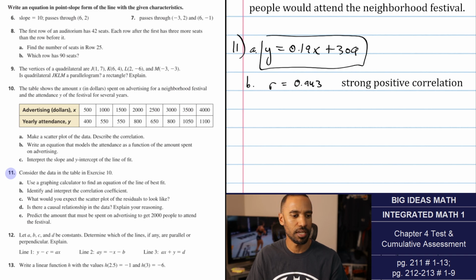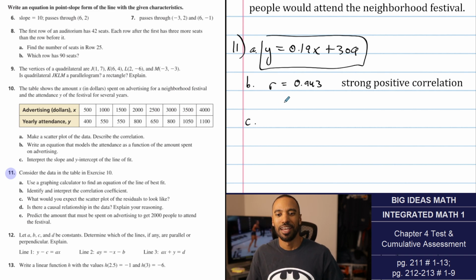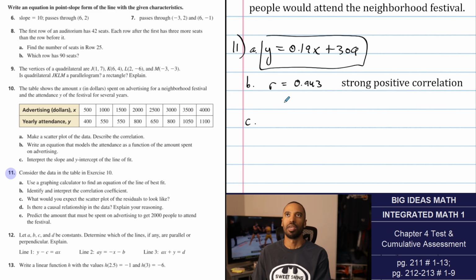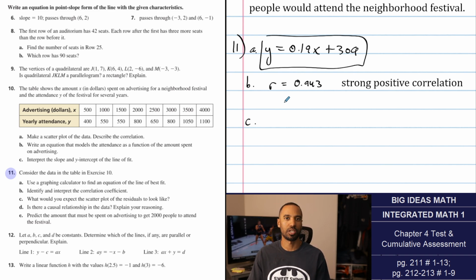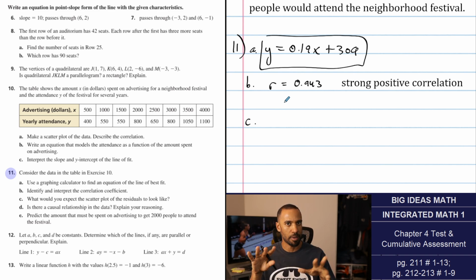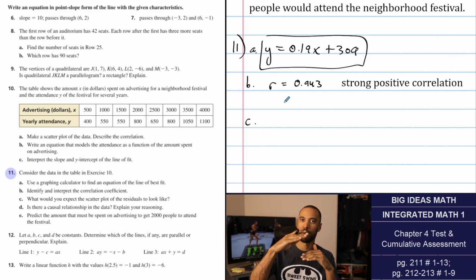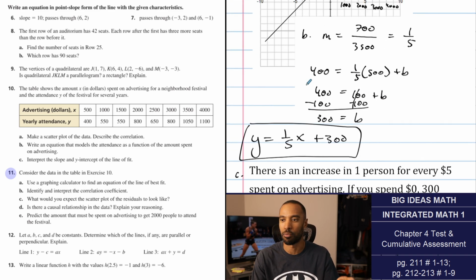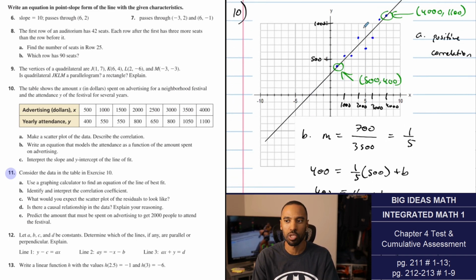All right, part C. What would you expect the scatter plot of the residuals to look like? Scattered. Basically, if there's a strong positive correlation, first of all, there's no significant pattern in the set. It'll just literally be scattered. But there should be as many above as below. I mean, our graph did that, right? But this isn't the residual graph. But there are a couple points above, a couple points below.